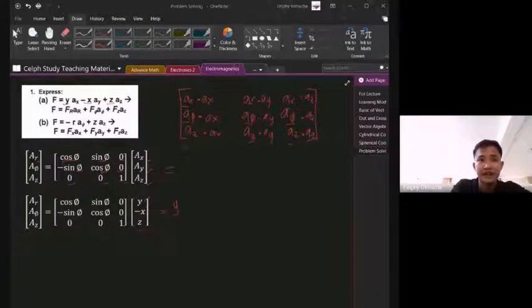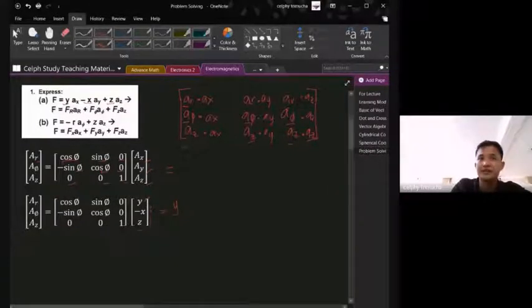So, ari nga pa-vertical, i-multiply nimo siya sa pa-horizontal naton. So, we will have y times cosine sa aton nga angle. Next, minus x times sine sa aton nga angle. Then, z naton is 0 lang man. So, automatic 0 na siya.